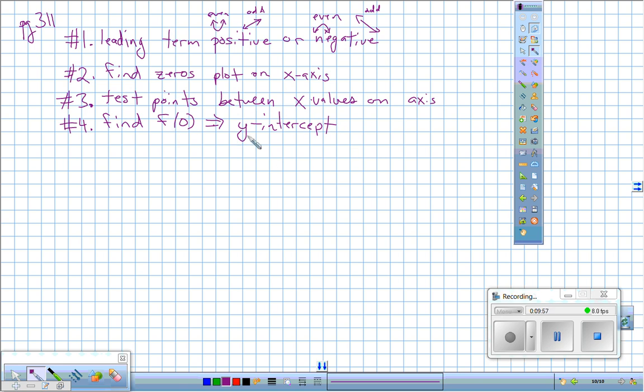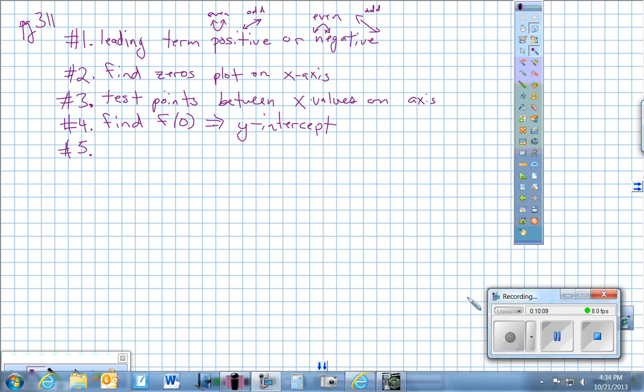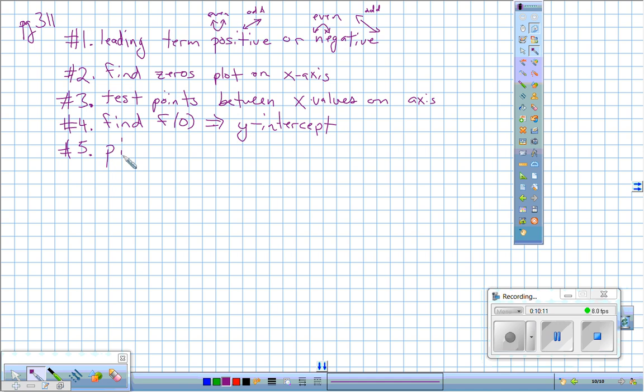If I don't, it will just be my last term on there. If you guys want to read more in-depth steps, go to page 311 in your book. Your fifth step is to just pick a few points to graph, so that you can actually get those coordinates. Pick a few x points to get the y values.